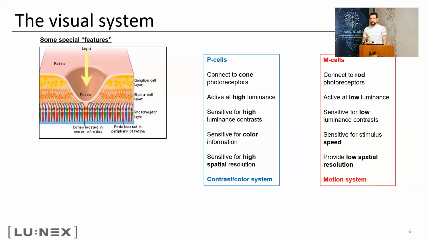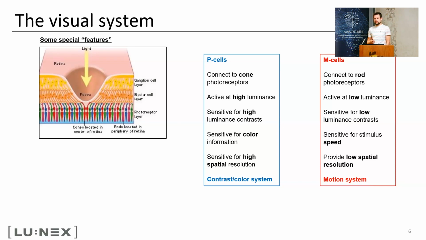On the other side, we have the M cells. The M cells are connected to the rod photoreceptors, as I said. They are active at low luminance. As I said, when it's dark outside, we do not have any light sources, then we are basically seeing with the M cells, with the rod photoreceptors that are not sensitive for colors. This is where everything appears grayish in the end. They are sensitive for low luminance contrasts, so just the opposite to the P cells. They are sensitive for stimulus speed.